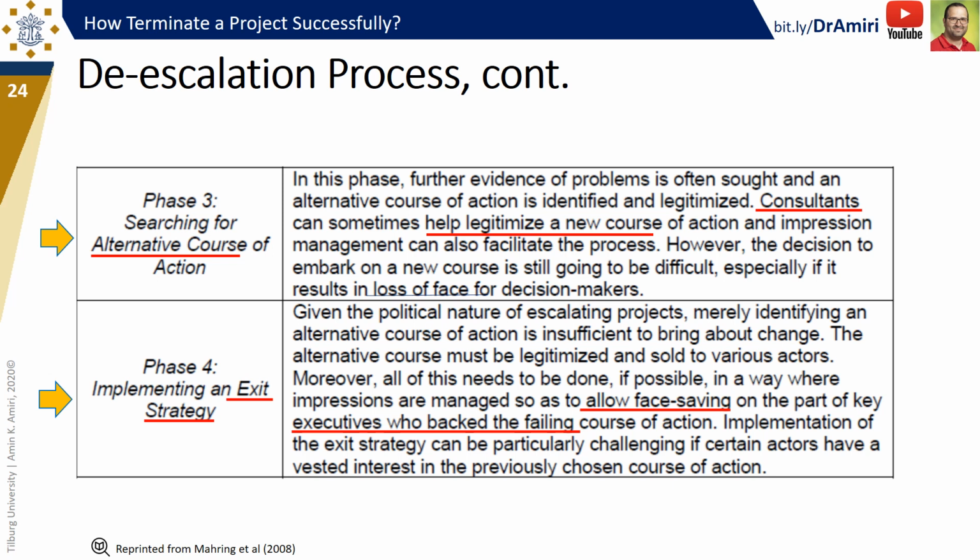Top executives who back the failing project must be given good excuses to keep their faces. The termination cost must be reduced as much as possible. Only then can you have a smoother implementation of the exit strategy.